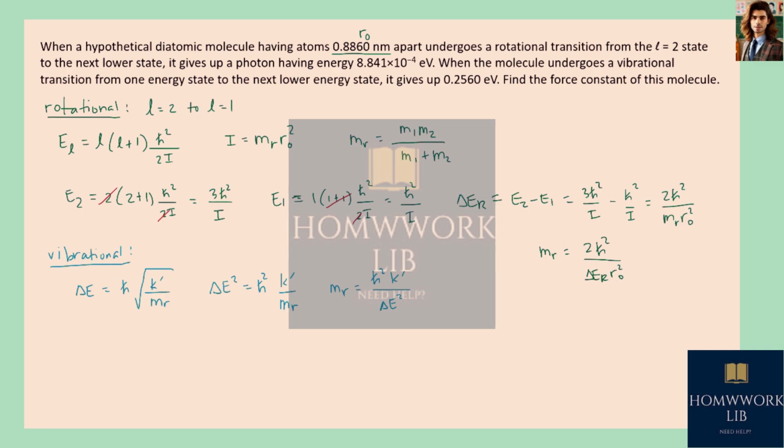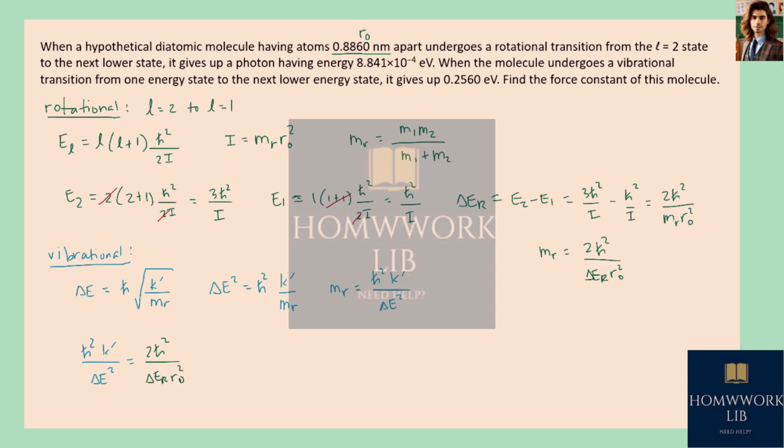So let's go ahead and equate those two, and then we'll be ready to substitute. We'll keep color coding just a little bit. So h bar squared times k prime over delta E squared equals 2 h bar squared over delta ER times R naught squared.